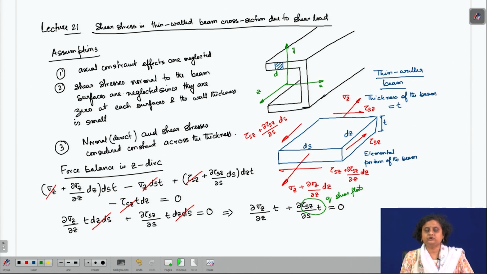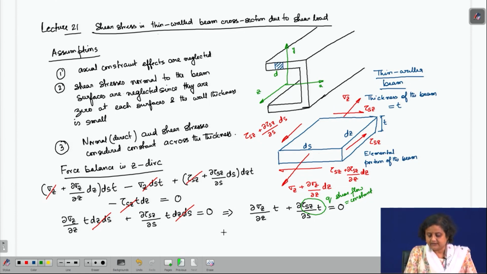So, at any portion between two junctions, the shear flow is constant, and therefore, instead of writing tau s z in the equation, we replace the product of tau s z and t as q.